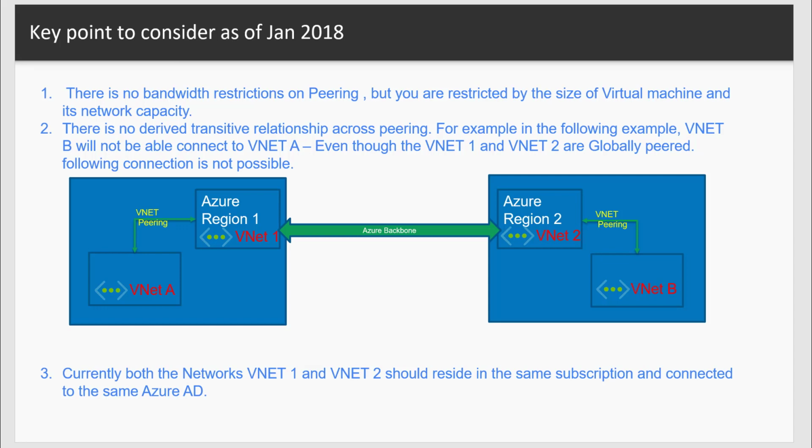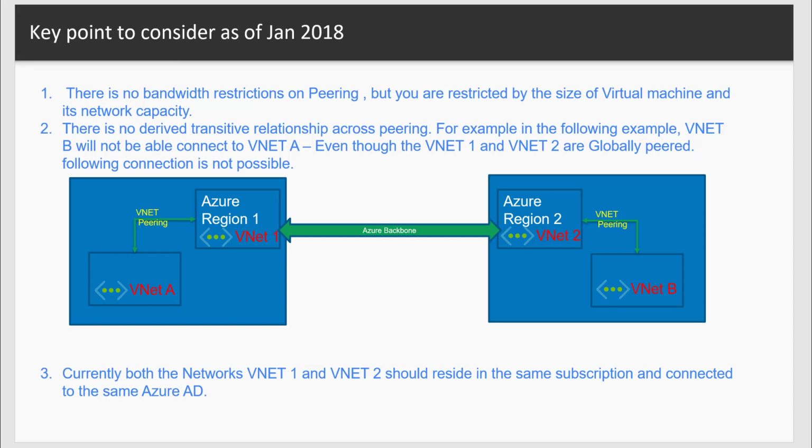When you define global VNet peering, the relationship is not transitive. For example, if you have VNet 1 and VNet 2, residing in two different regions, and VNet 1 is connected with VNet A, and on the other side VNet 2 is connected with VNet B, the resources in virtual networks A and B cannot communicate through this VNet peering because the connection is not transitive.